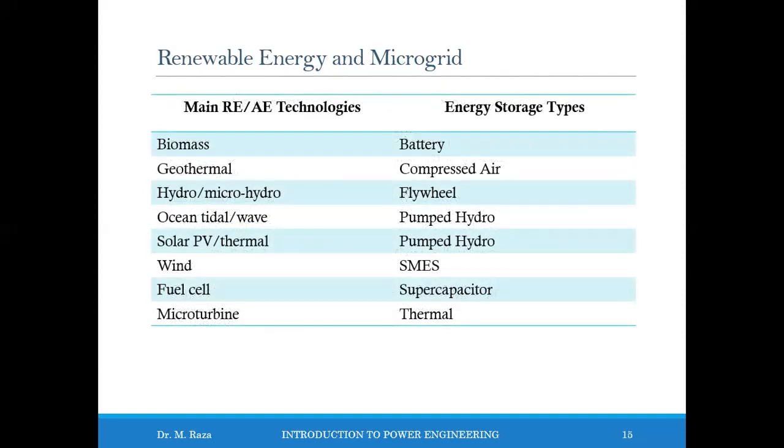The table gives a summary of different renewable energy power generation technologies and different energy storage schemes which may be used in a hybrid system. Any combination of renewable energy power generation technology along with proper storage, and possibly combined with a conventional generation technology, for example a diesel generator, could form a hybrid energy system.